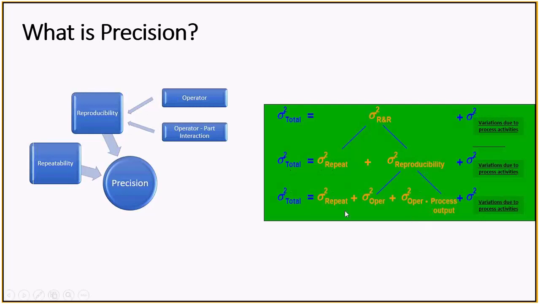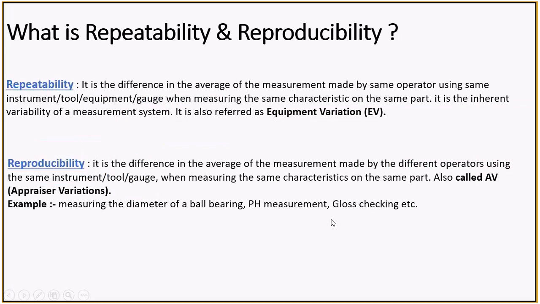Now, what are repeatability and reproducibility? Repeatability means, suppose I am measuring a characteristic. Let's say I'm measuring the pH, or the height, or the width, or the diameter. So this is a common characteristic of the same part, using the same gauge or tool or equipment by the same person, and I'm repeating it maybe twice or thrice.